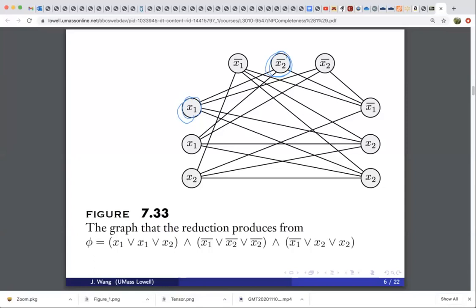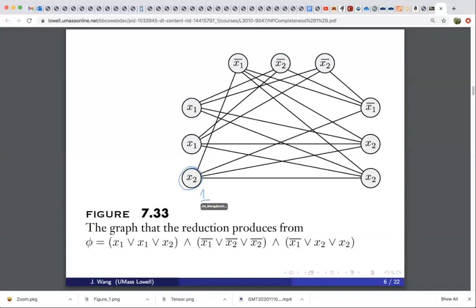So we say x2 true and x1. Yeah, we can. So in this way, we have to set x2 true. Okay, so this is true. So that's equal to 1.